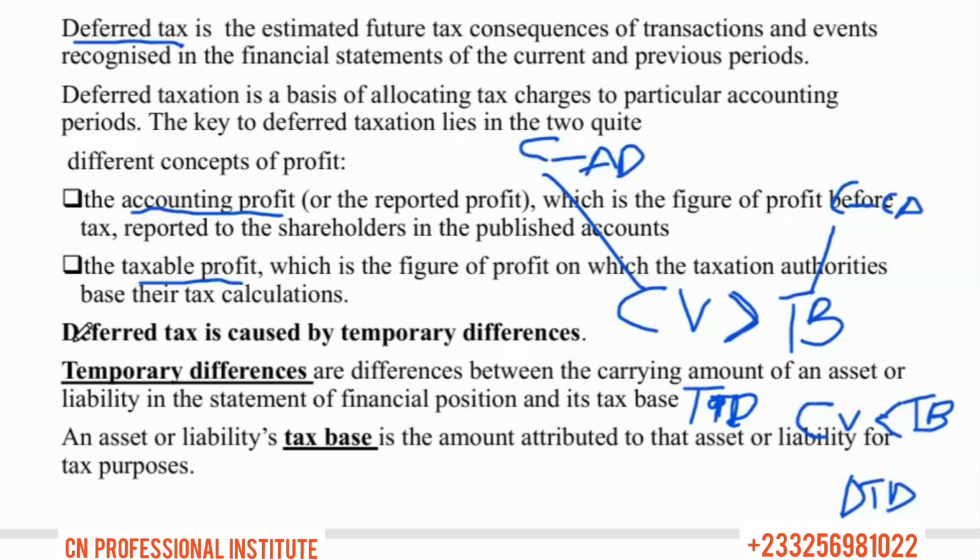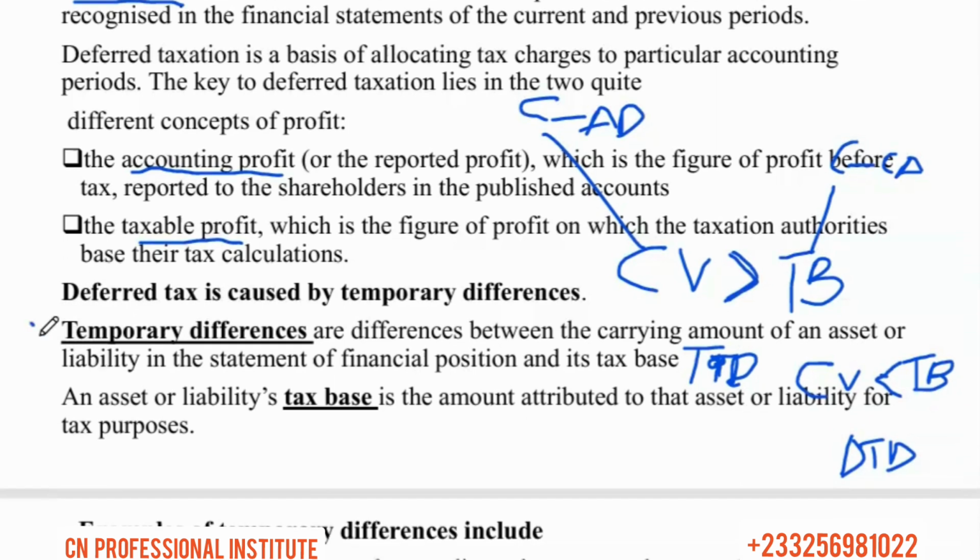Let's continue. We've looked at what the temporary difference is: the difference between the carrying value of the asset and the tax base. What is tax base? Tax base is like the carrying value in quotes, the amount attributable to an asset by the tax authorities for tax purposes.